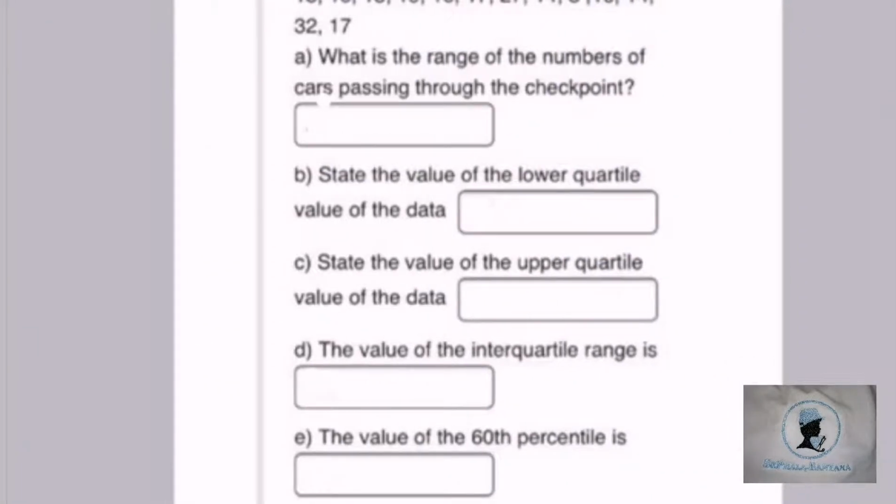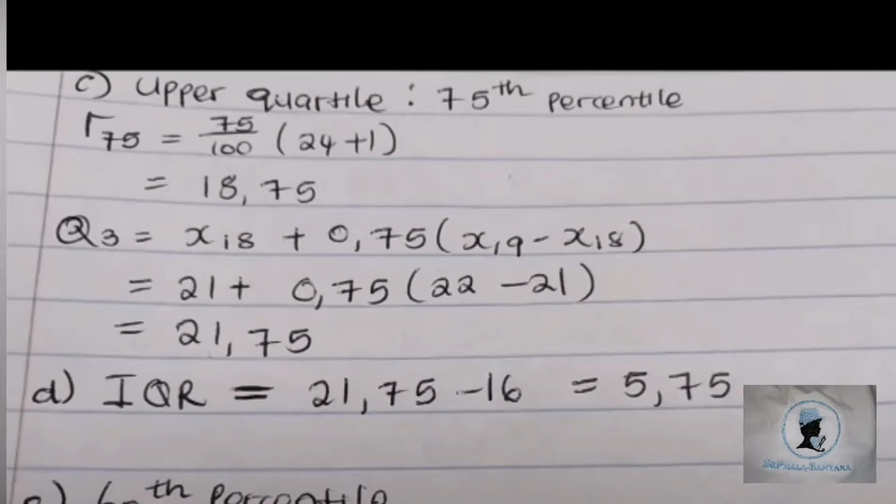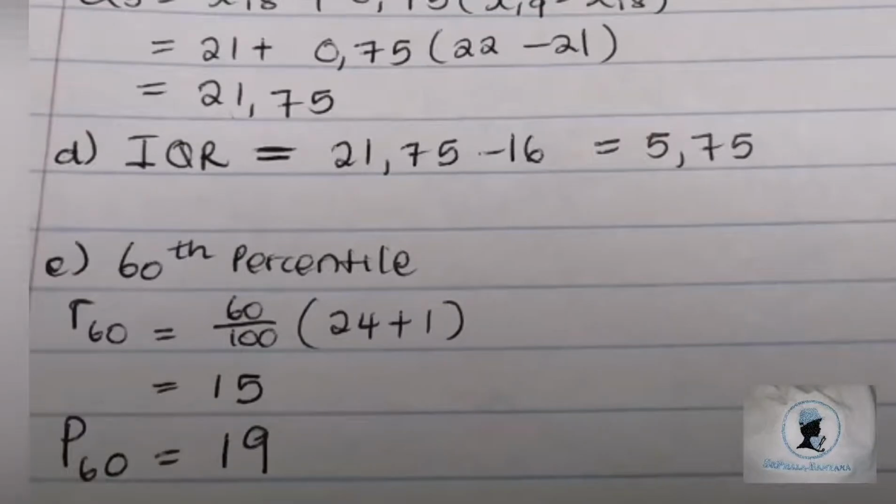E said, the value of the 60th percentile is. So, sticking to the pseudo-rank, sticking to the percentile formula, we got our pseudo-rank as 15. Using the percentile formula, we know that we are going to look for the data value at position 15, and this is what we got there.